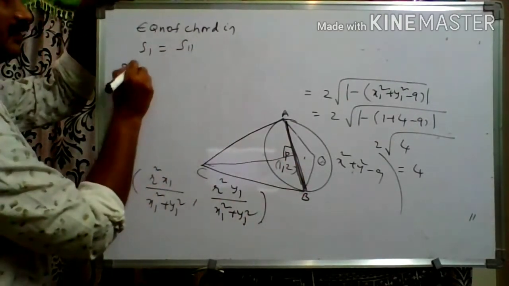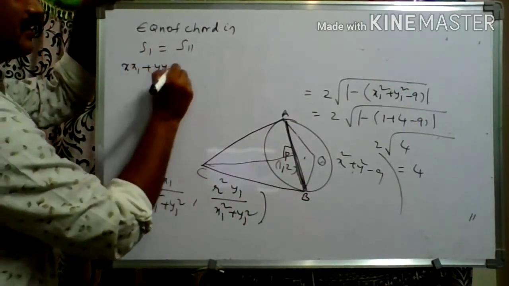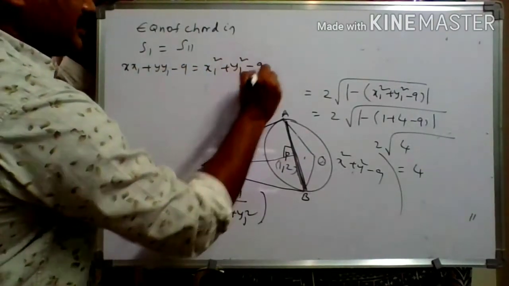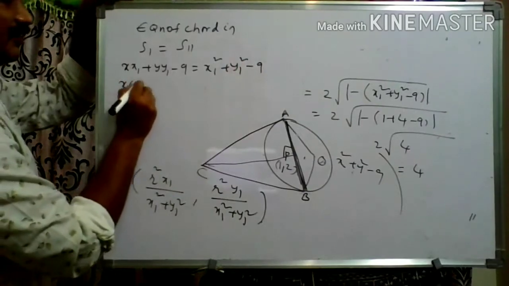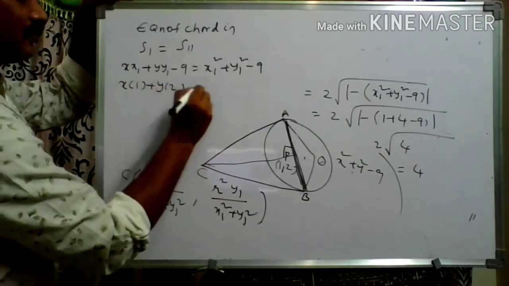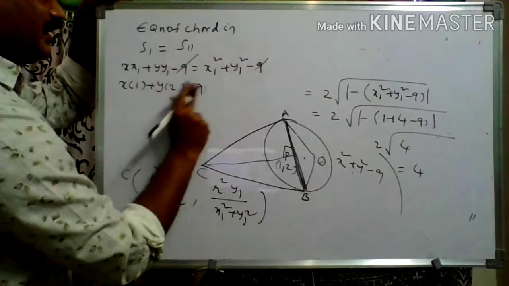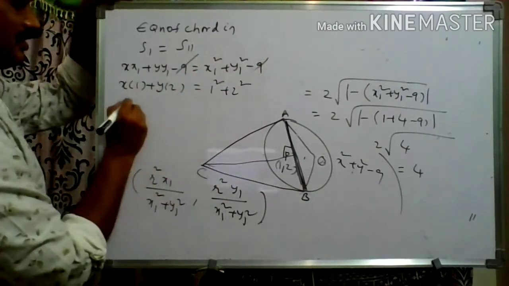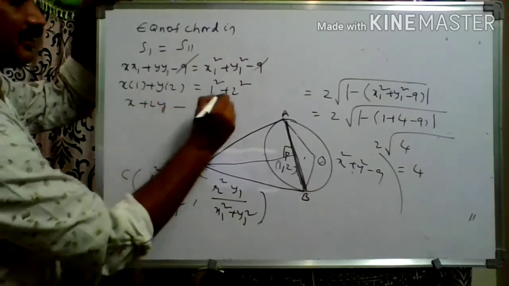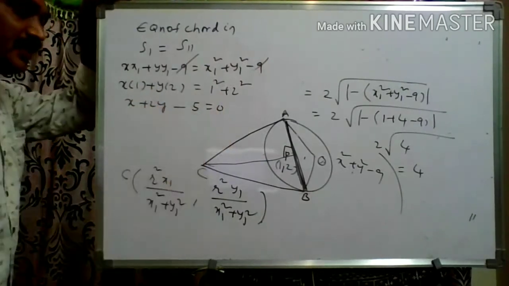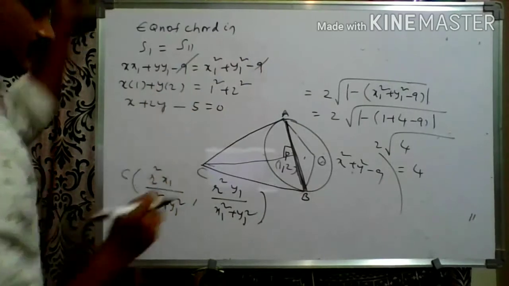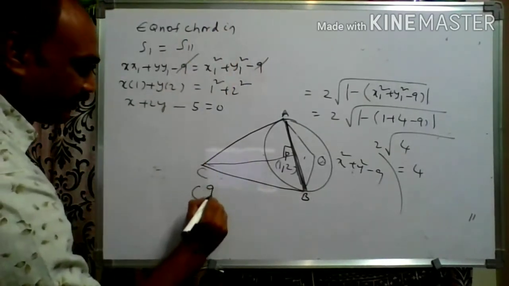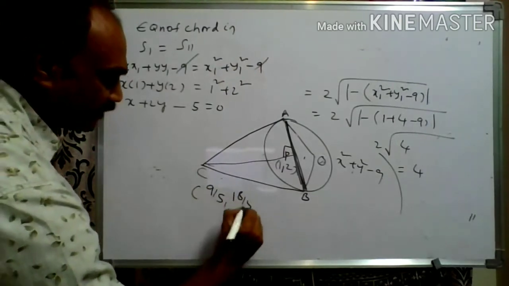S1 is x x1 plus y y1 minus 9 is equal to x1 square plus y1 square minus 9. x into 1 plus y into 2 minus 9, the minus 9 gets cancelled, is equal to 1 square plus 2 square. So x plus 2y minus 5 is equal to 0. Next, students, point C is already calculated, 9 by 5 comma 18 by 5.